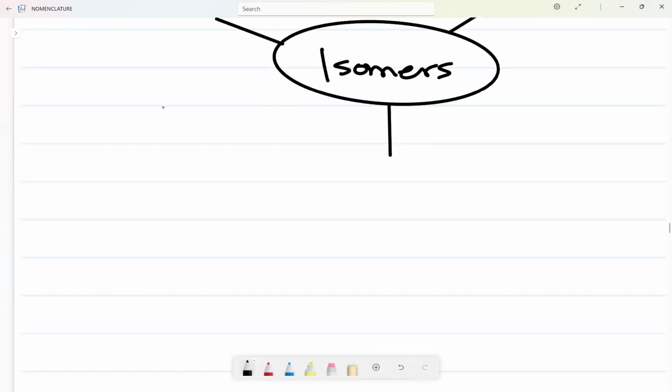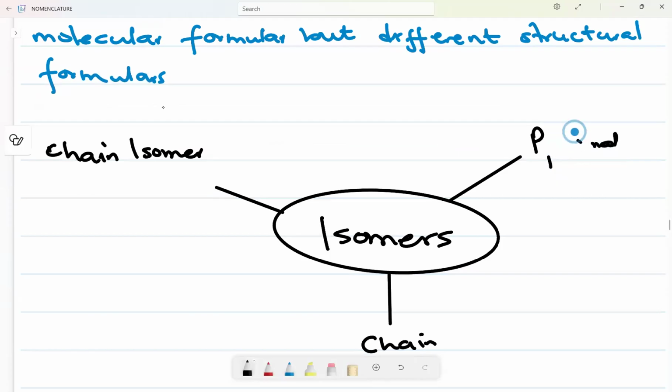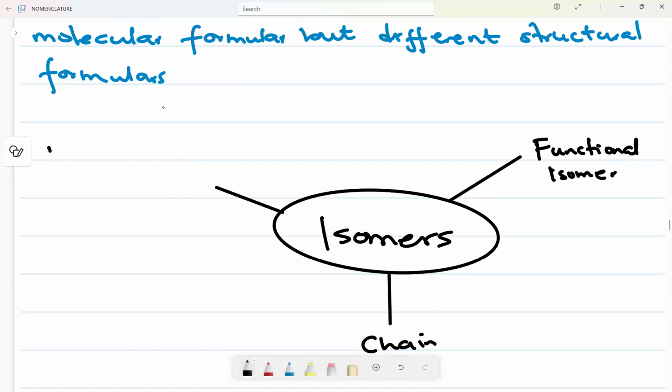And the third one that I have is called what? A functional isomer. Actually, let me put chain here. Then let me put functional isomer there. And then let me put positional isomer here.